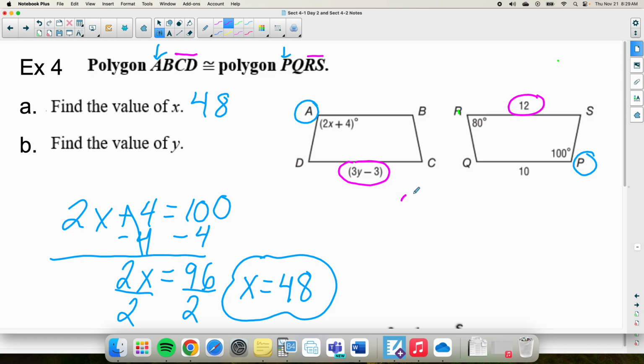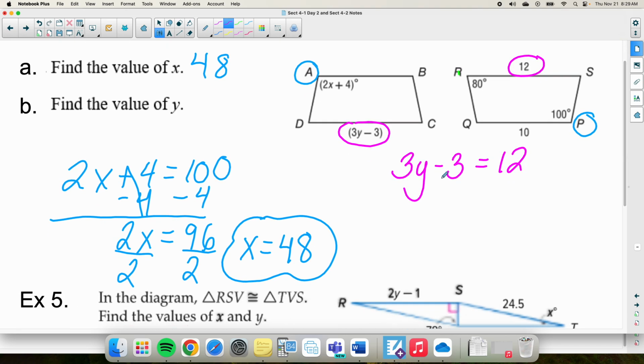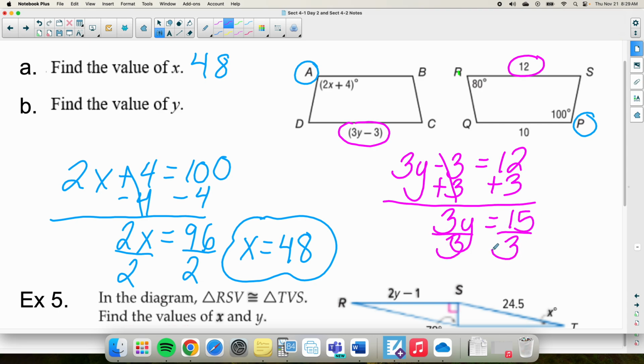So now I'm going to say 3y minus 3 equals 12, and just solve that. So I'd add 3, and I get 3y equals 15, divide by 3, and y is 5. And that goes right here. Okay.